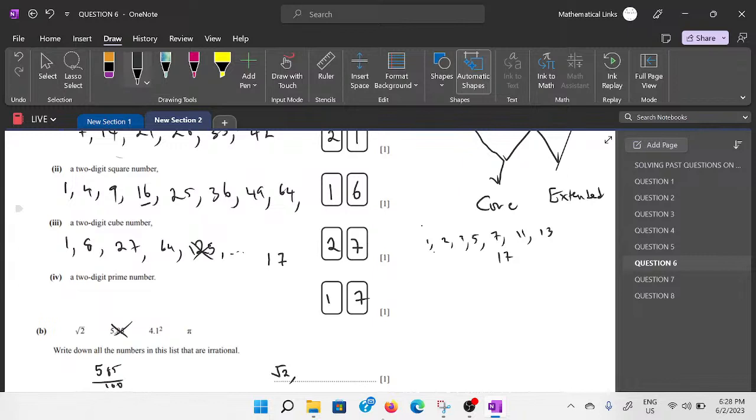So this is not. How about 4.1 squared? It is not either. It could be written as a fraction, okay. If you find the square of 4.1, by saying 4.1 times 4.1, that will give you 16.81.